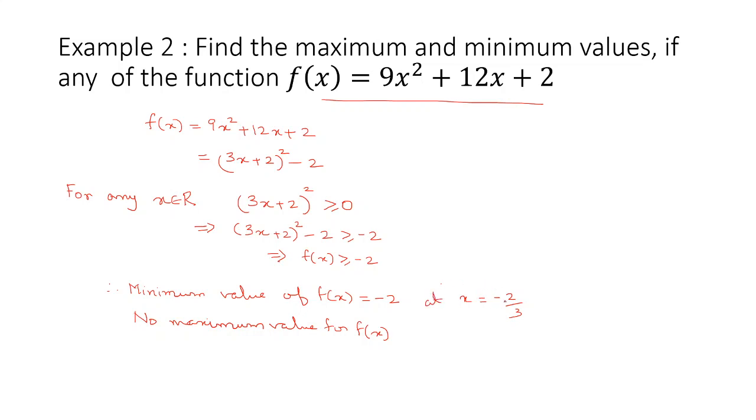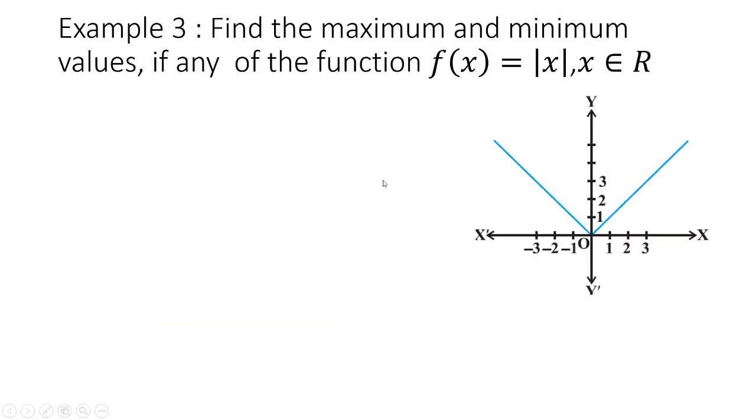So when x is equal to minus 2 by 3, this becomes 0, and the minimum value is attained there. This also does not have a maximum value. In this example also, if the domain is restricted, then it will have a maximum value.